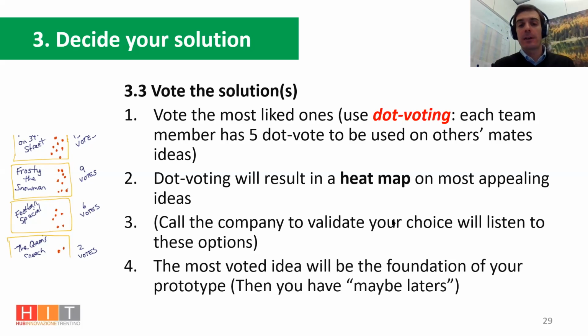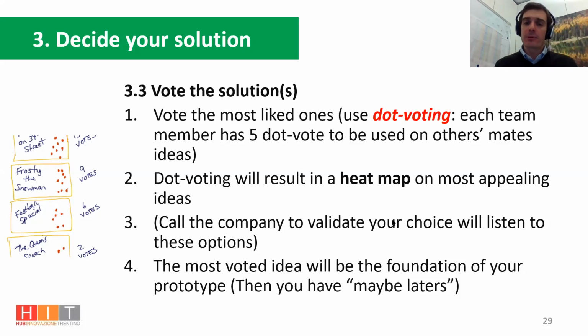There are two other things that you should do in this decision sub-phase. You will not be able to do that this evening, but normally, before starting the prototyping phase, what you do is give a call to the client. Normally, you have a client for whom you are developing these solutions. It might be, you know, your boss, or it might be an external company if you are a design agency.